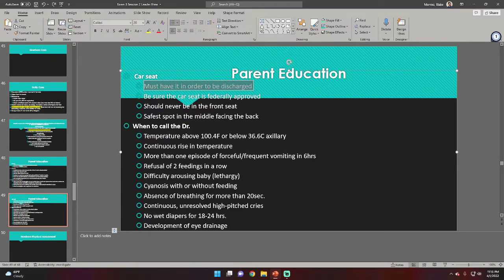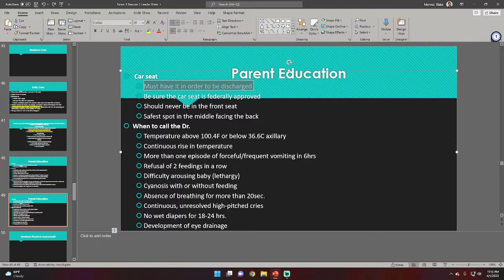And we're also doing teaching of when to call the doctor. If their temperature goes above 104 or below 36 C axillary, that would be either too high or too low.